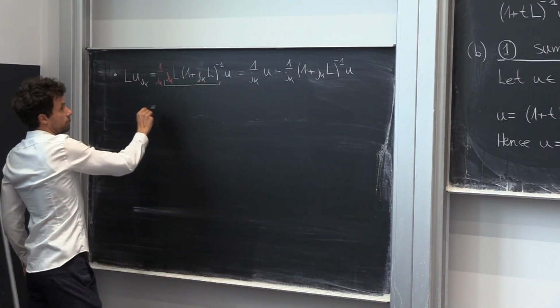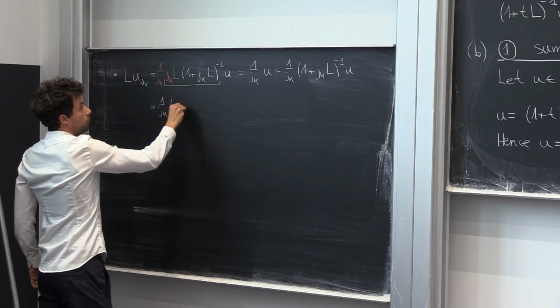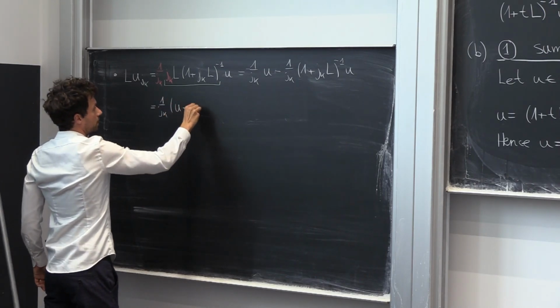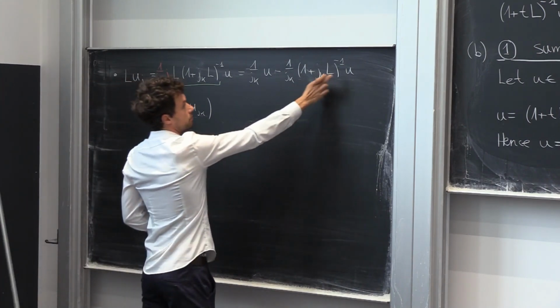If you look at this more closely, then you see this is exactly 1 over j_k times (u minus u_{j_k}), because this was the definition of u_{j_k}.